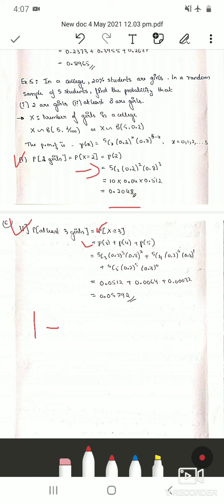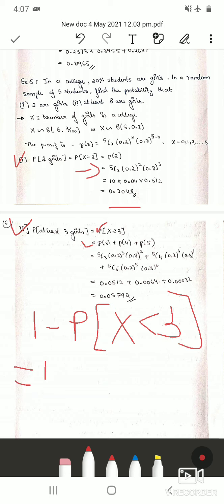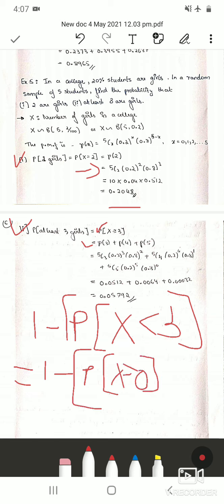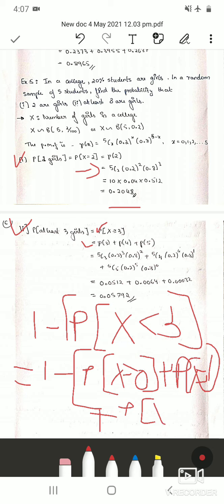Or else, if you want to take the complement, it is 1 minus the probability of x less than 3, which includes 0, 1, 2: probability of x equal to 0 plus probability of x equal to 1 plus probability of x equal to 2. You try this, you will get the same answer.